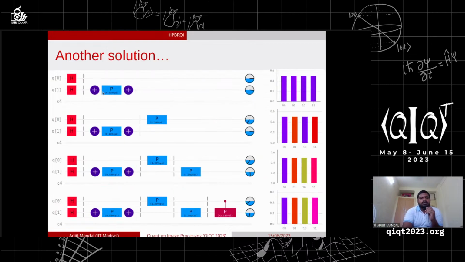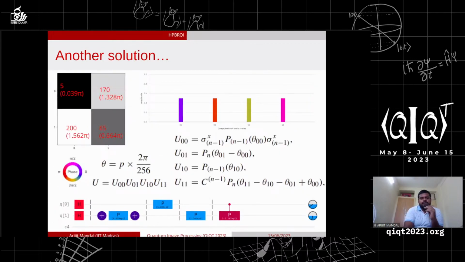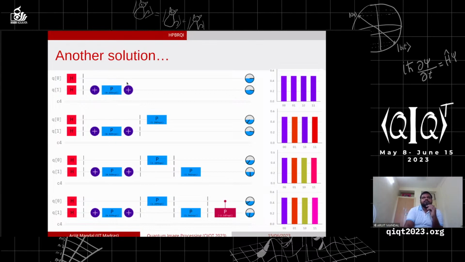Let's first apply this unitary to represent the phase associated with the basis 00. You feed the original phase of the 00 state, and it will modify the phase of the 00 state, but additionally it will change the phase of the 01 state.